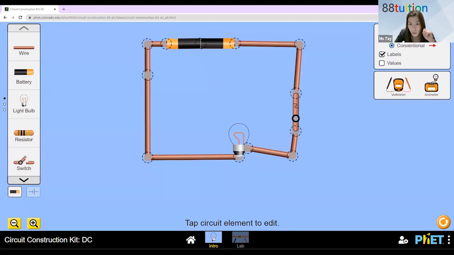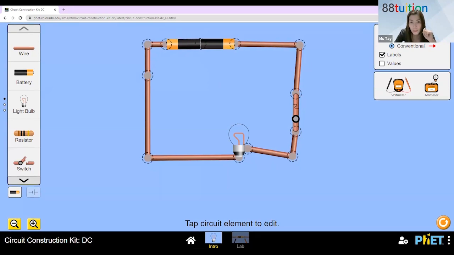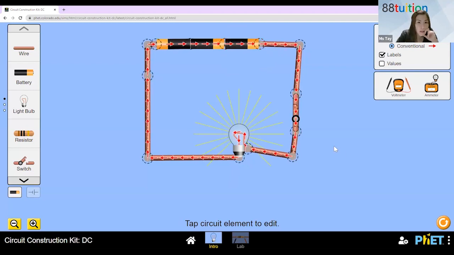Hold on, let me just remove this thing. If I add in one more battery, maybe in the same direction, you see what happens? Can you see this again? It lights up, right?